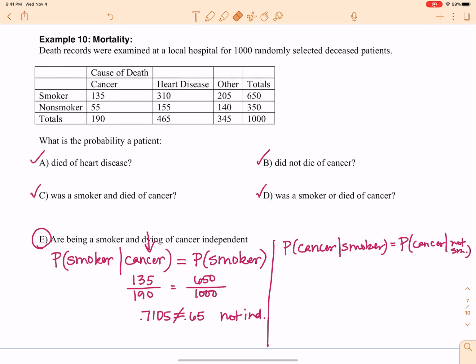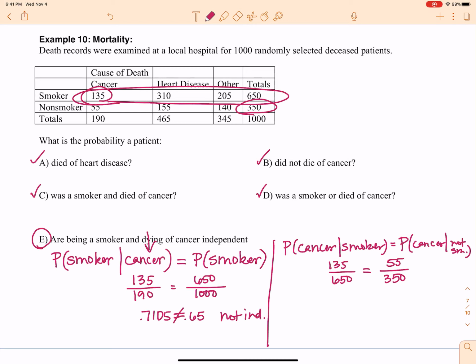So let me erase this stuff. So the smokers are these people. So 650 in the denominator, cancer 135. And over here, not a smoker, well, that would be everybody else. So these 350 people. And the probability of cancer in the top of that is going to be 55.